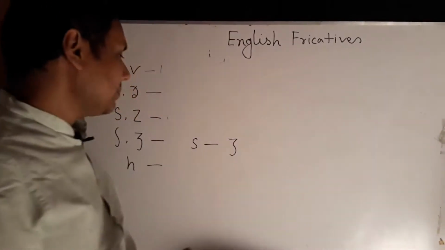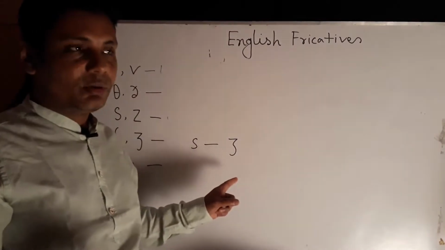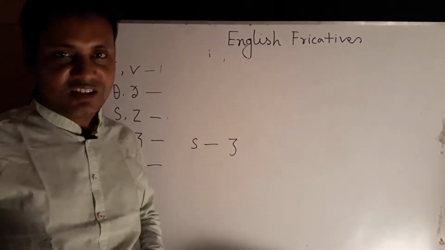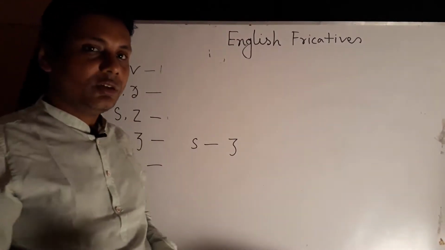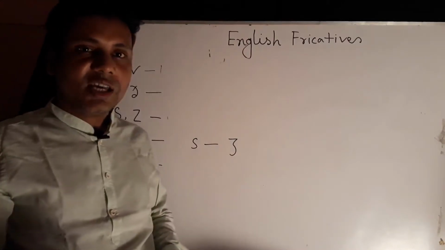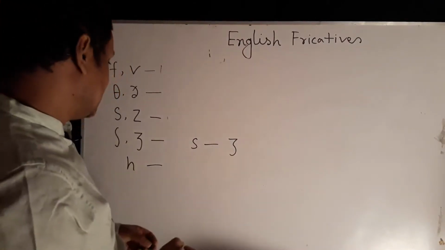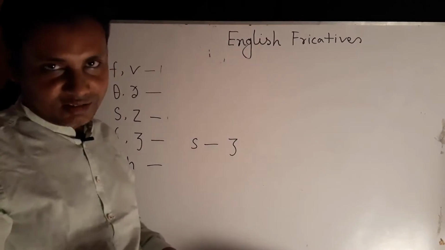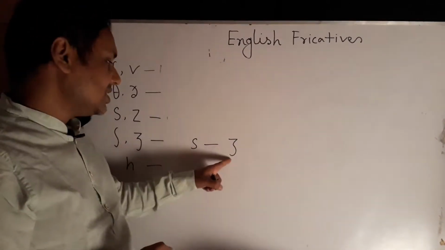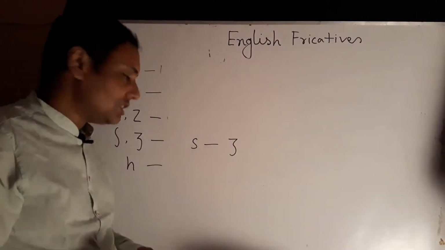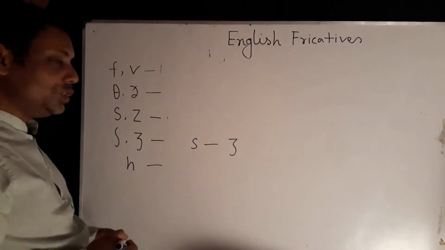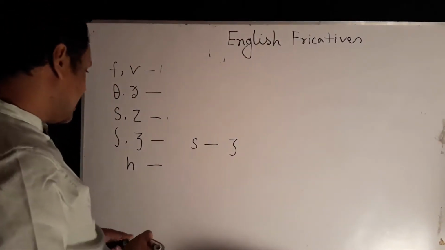For example, vision, television, not television with a z, rather we should say television with zha. Pleasure, here S is pronounced as zha, pleasure, etc. are examples, or usual, etc.